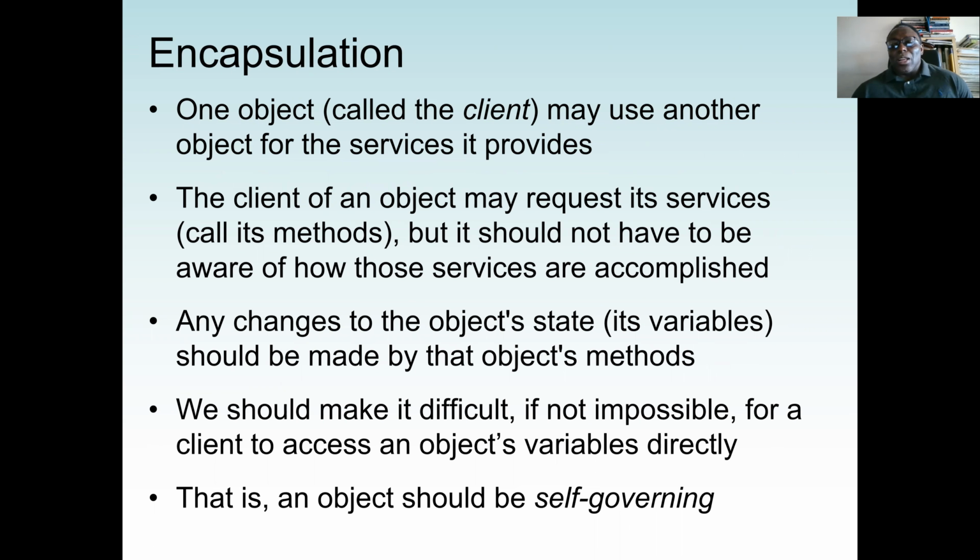A client normally will request a service. The client of an object may request its services, that's calling its method, but it should not have to be aware of how those services are accomplished. So this will be more or less at the abstract level.